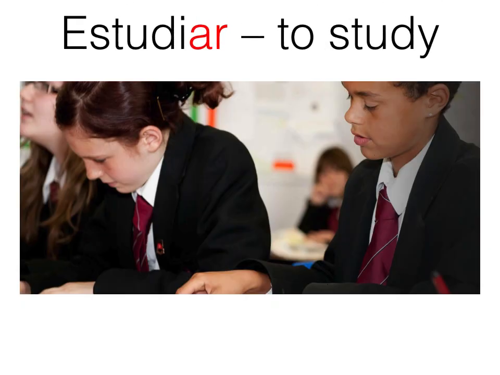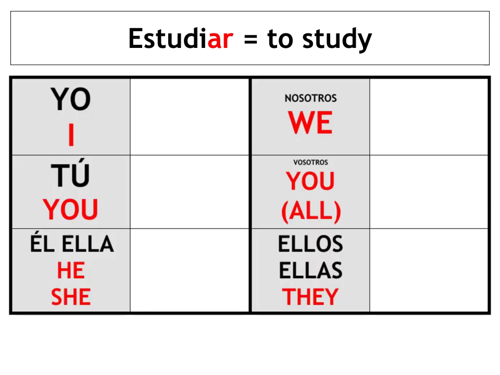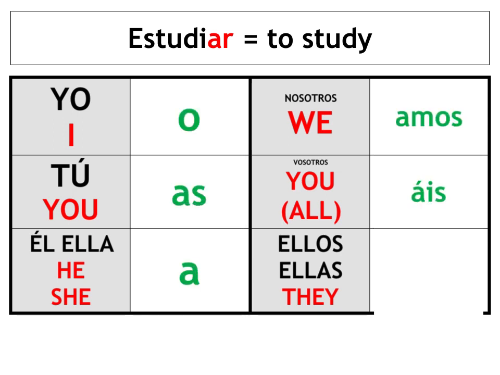Okay, now the verb that we're particularly going to look at, which is an AR verb, is estudiar. Estudiar means to study. So let's try and form the verb estudiar. We know that the endings are as follows, as we've just been through them. So what I want you to do is, applying the rules, that you knock off the AR and add the correct ending.